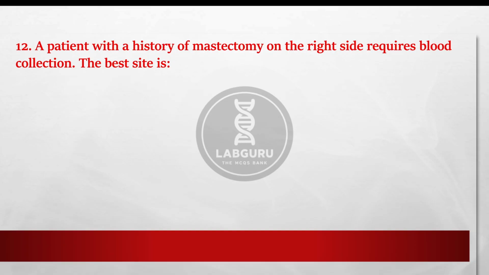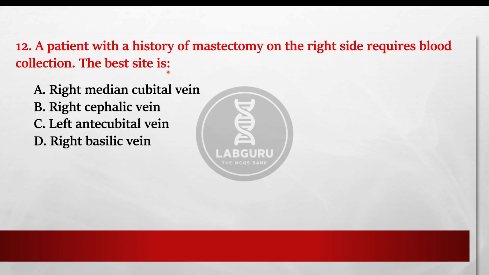Question number 12. A patient with a history of mastectomy on the right side requires blood collection. Mastectomy means the surgical removal of the breast. Here they have removed the right side.